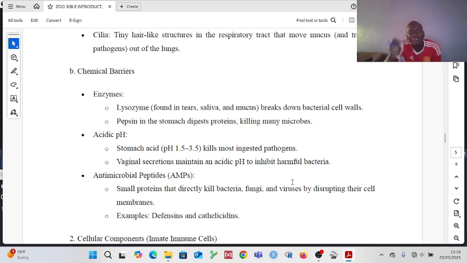So these are small proteins that directly kill bacteria, fungi, and viruses. How do they kill? By disrupting their cell membranes, because the cell membrane is the outer covering. So once you disrupt it, then whatever content of these microorganisms will not be able to hold together.